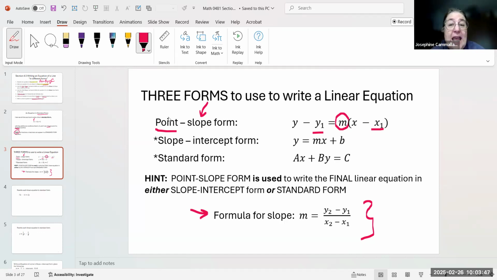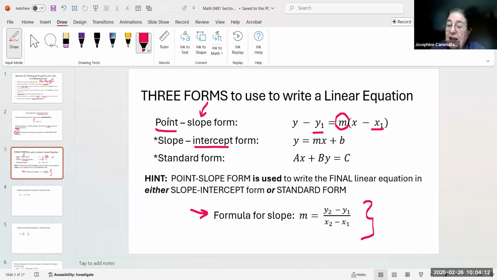Okay? And then you're going to find that the point-slope form, you're either going to put it in what we call slope-intercept form. A lot of times you do that because you want a graph. Or the easiest way to solve an equation is to put it in slope-intercept.